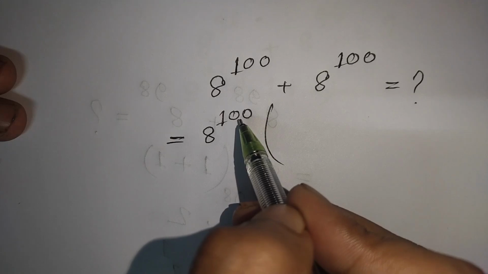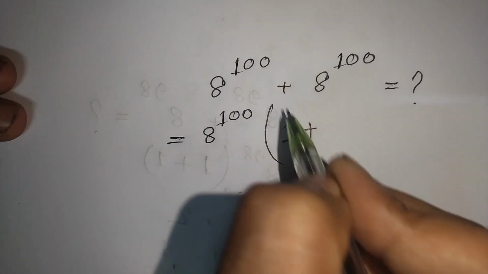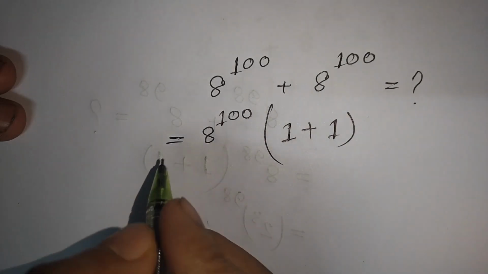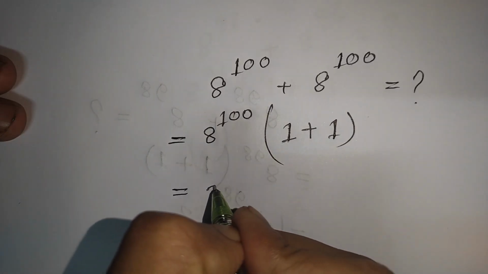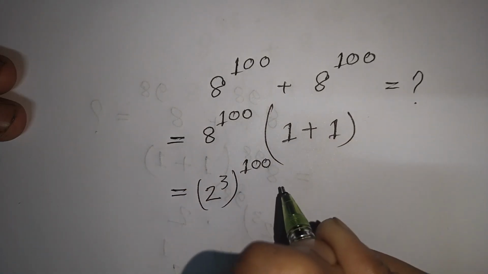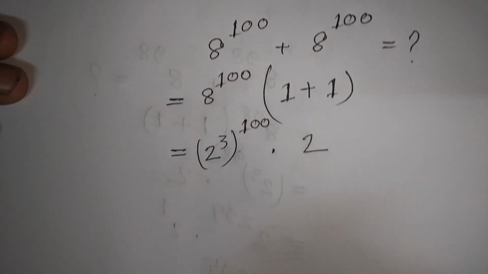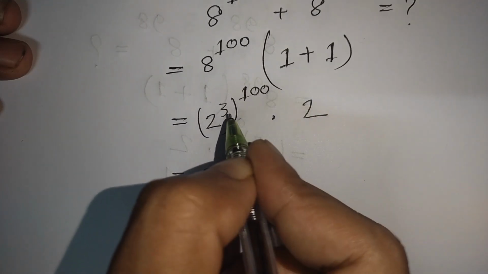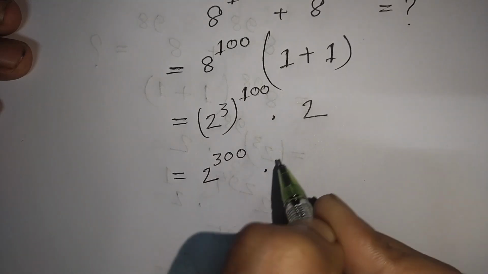Then 8 to the power 100 divided by 8 to the power 100, that means 1, plus 8 to the power 100 divided by 8 to the power 100, that means 1. 8 to the power 100 is the same as 2 to the power 3, bracket, to the power 100, times 1 plus 1, that means 2. This is equal to 2 to the power 3 times 100, that means 300, times 2 is the same as 2 to the power 1.